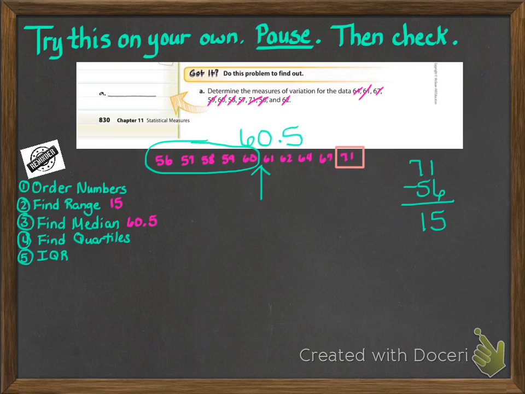So the number that's in the middle, if I cross them out, I cross out the 56, then the 60, the 57, and the 59. There it is, 58. This is my first quartile number. So quartile 1 is, go ahead and write that, Q1 is 58.